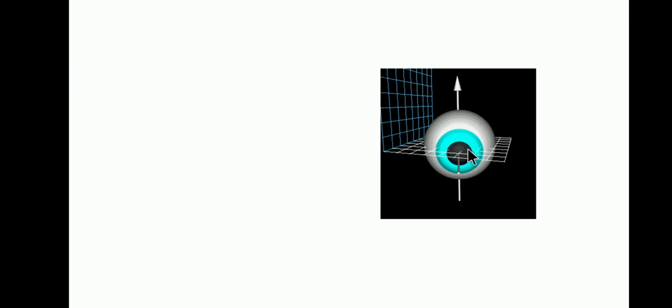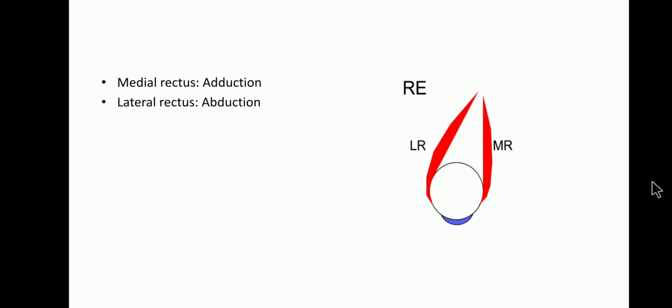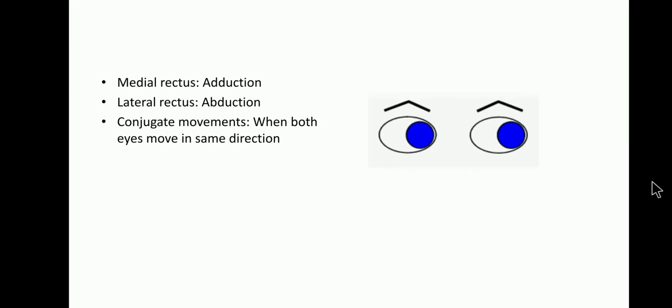You can see movement around the vertical axis, which is adduction and abduction, brought about by the medial rectus and the lateral rectus. So next you look at the conjugate movements, when both the eyes move in the same direction, with the visual axes being parallel.